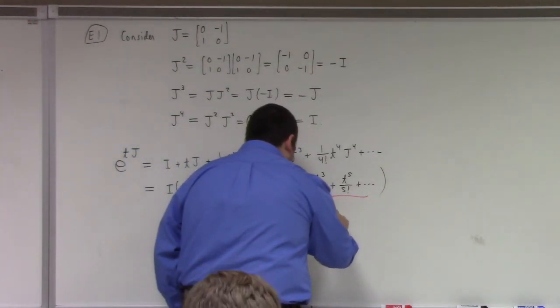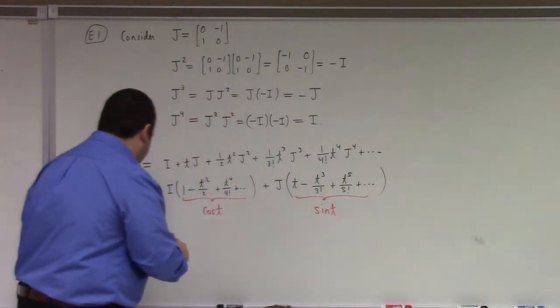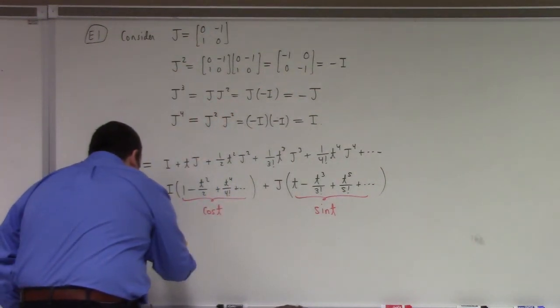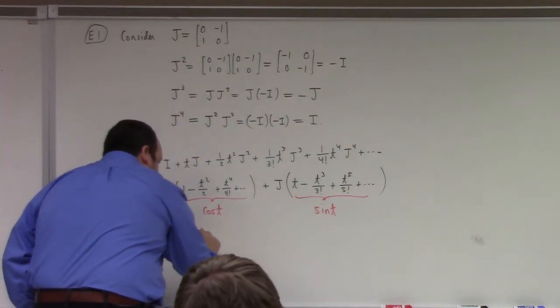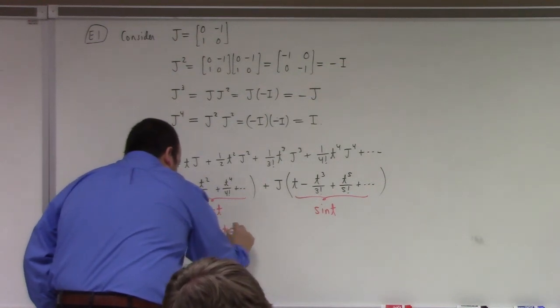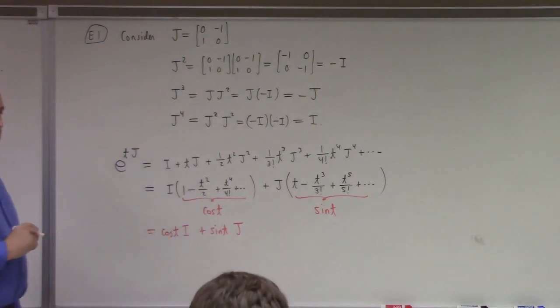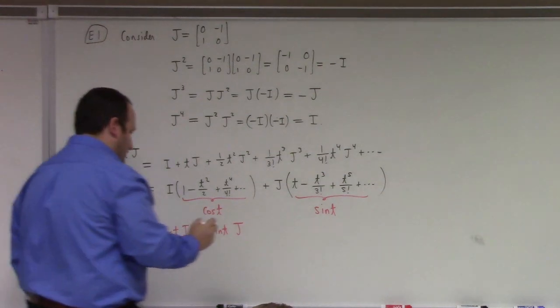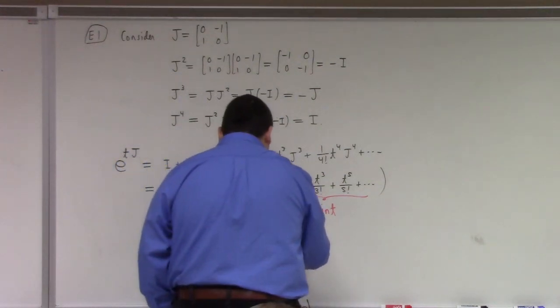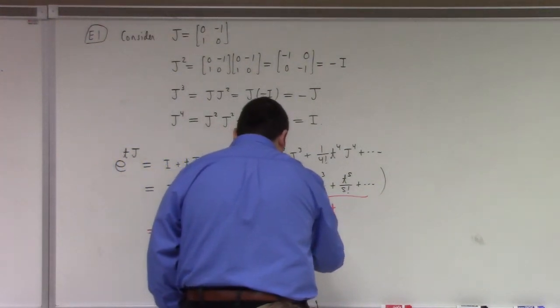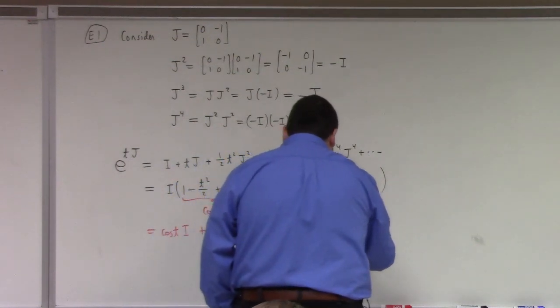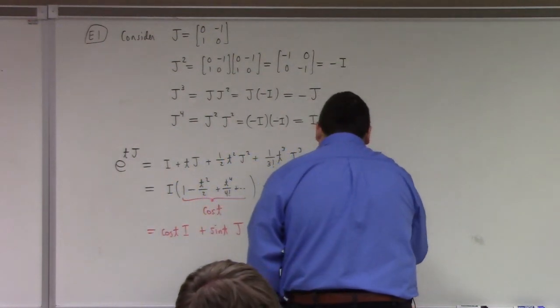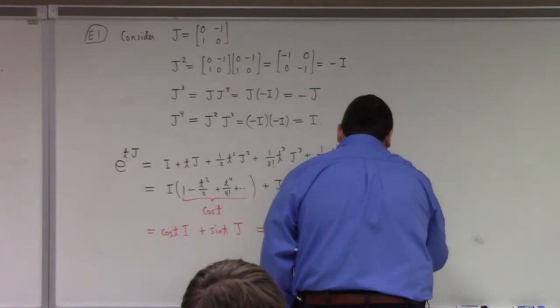So in this case, which is rather special, we can actually calculate the matrix exponential, and we get cosine of t times I plus the sine of t times J. Which, if we go back to our matrix, is cosine t times 1, 0, 0, 1 plus the sine of t times 0, minus 1, 1, 0.